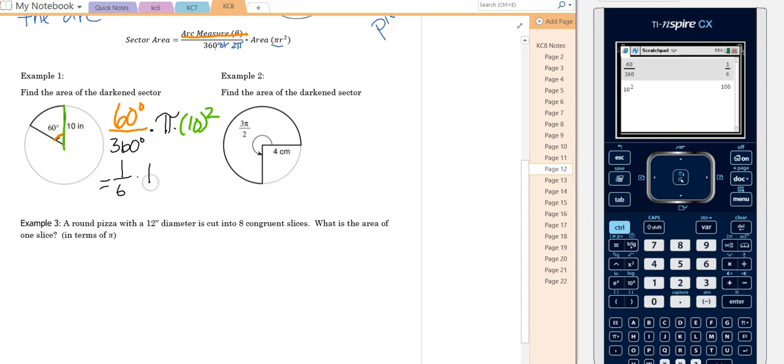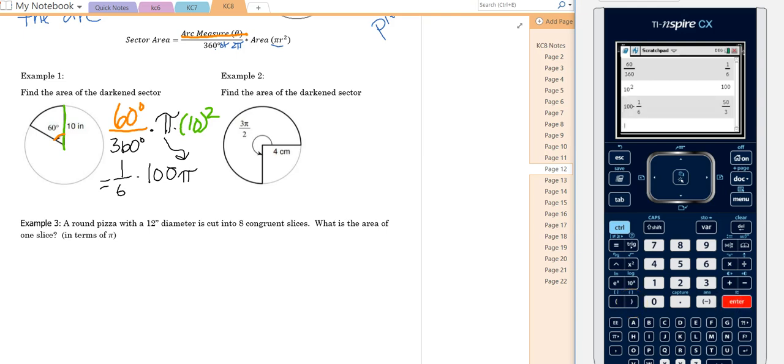So times 100, and I cannot forget to bring down my pi because I did not multiply that in. Once you have that 100, you can multiply it by your 1/6. I like to put that in parentheses just so it knows that 1/6 is a whole fraction I'm trying to divide by. And I get 50 over 3. Again, didn't do anything with that pi, so that gets tagged along.